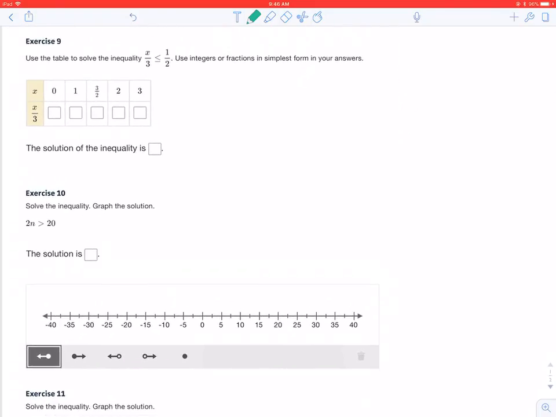On exercise 9, we run into a little bit more numbers. We have run into a 3, which is something a little different than the number 1, which is pretty simple to divide by. But when we do this particular fraction right here for exercise 9, what you're doing is x divided by 3. And then x, in that case, for the third row, is going to be equal to 3 over 2, or 3/2.